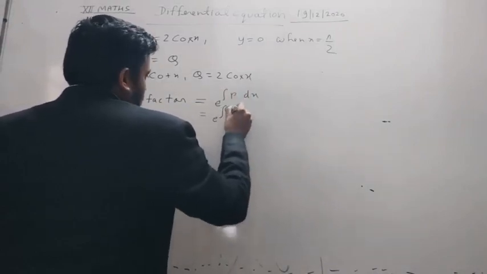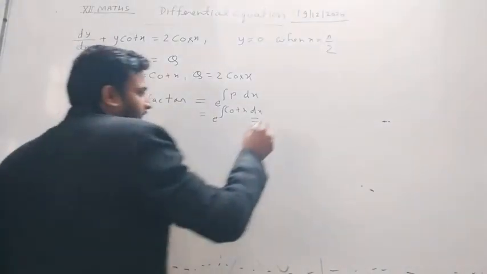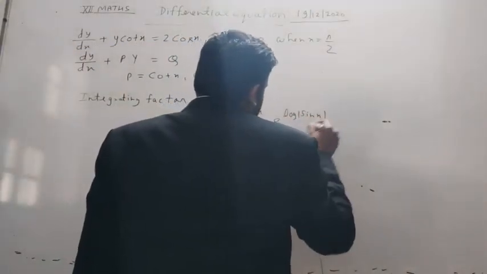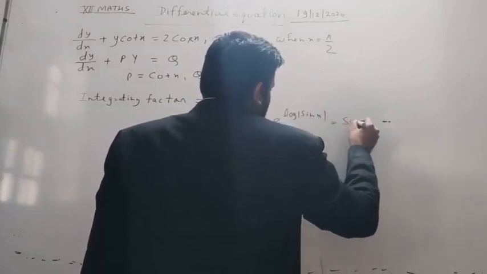So p is cot x, and the integration of cot x is log of sin x. So we write e to the power log of sin x, and its value will be equal to sin x.